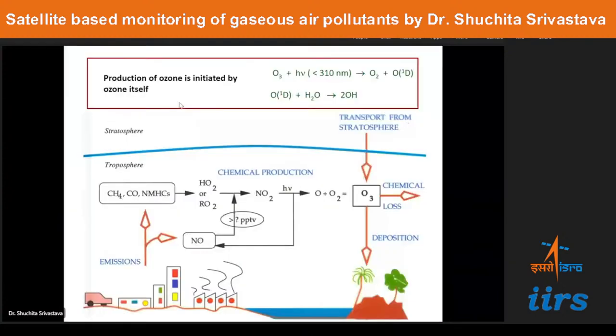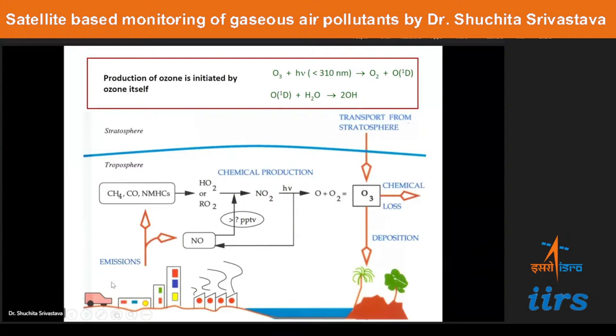Production of ozone is initiated by ozone itself. Ozone photodissociates at wavelengths less than 310 nanometer, and it produces an oxygen molecule and an excited state oxygen atom, which reacts with water vapor to produce hydroxyl radical. This hydroxyl radical is highly reactive and it reacts with a large number of gases in the atmosphere.